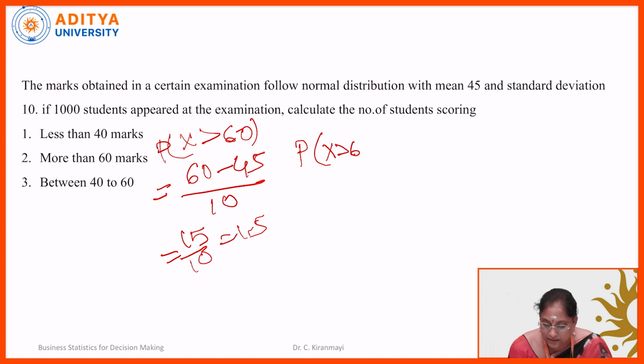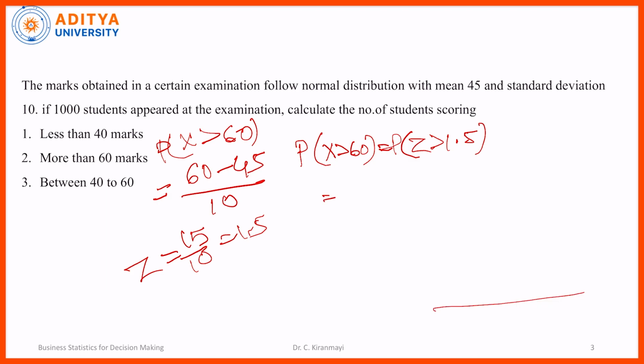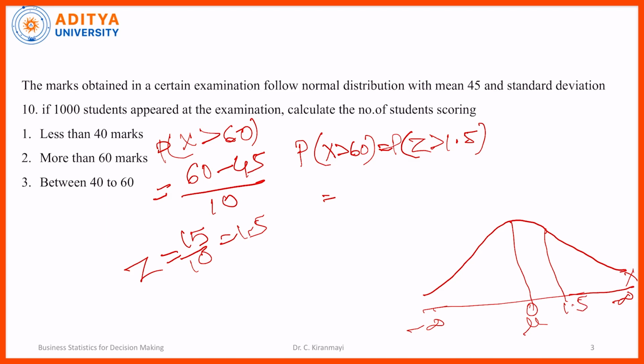So, P of x greater than 60 is equal to P of z greater than 1.5. Let us consider the probability curve again, minus infinity, 0, plus infinity on the x-axis. 1.5 lies somewhere here, and all the points greater than 1.5 lie on this side.